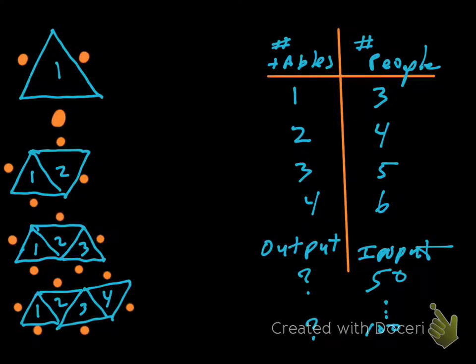So think about this now, and start studying what patterns you are seeing as you build this out. Ultimately our goal is, if I have a certain number of people, how can I determine how many tables we need?